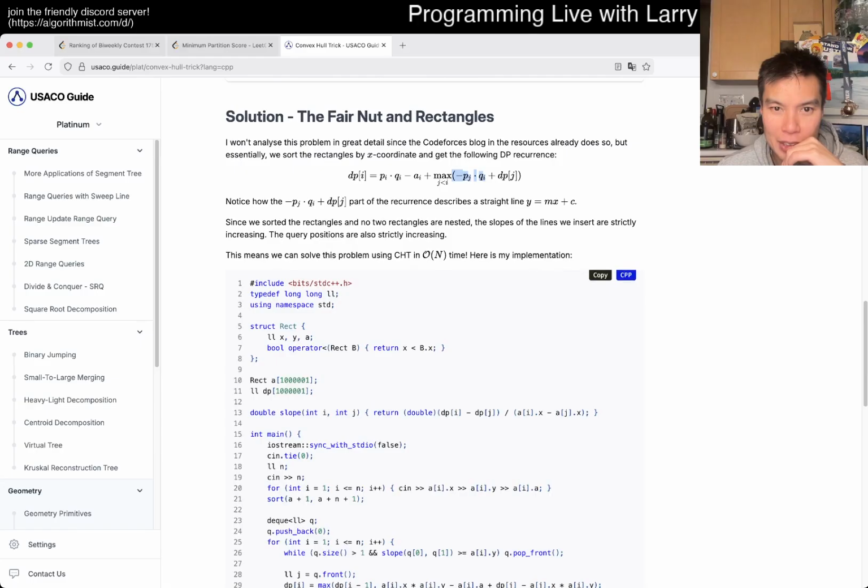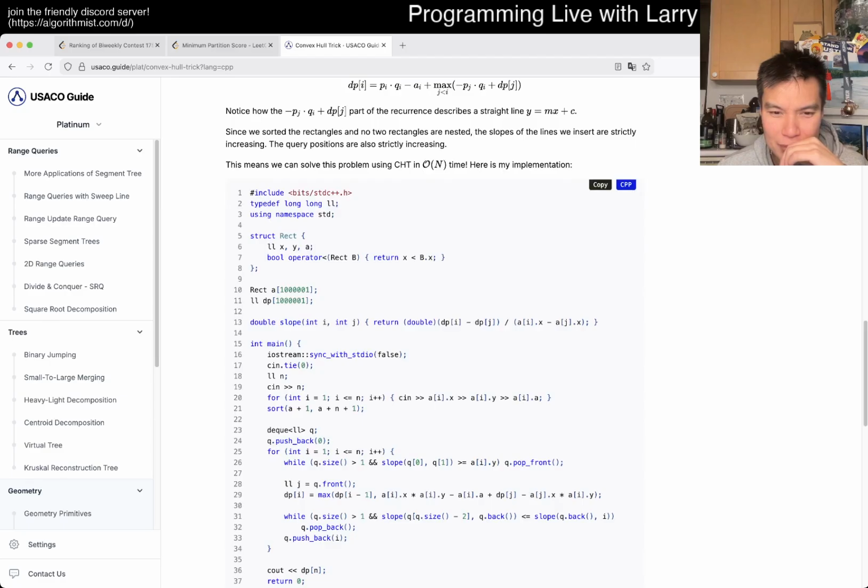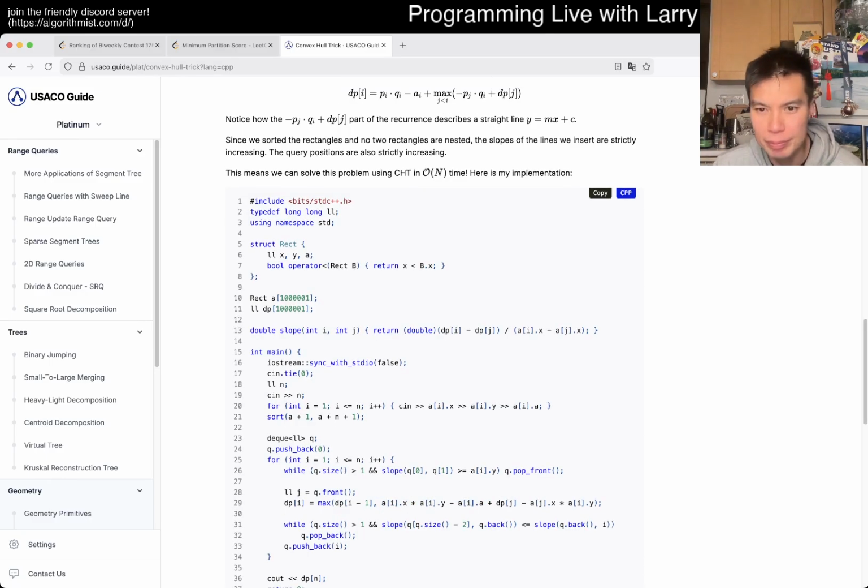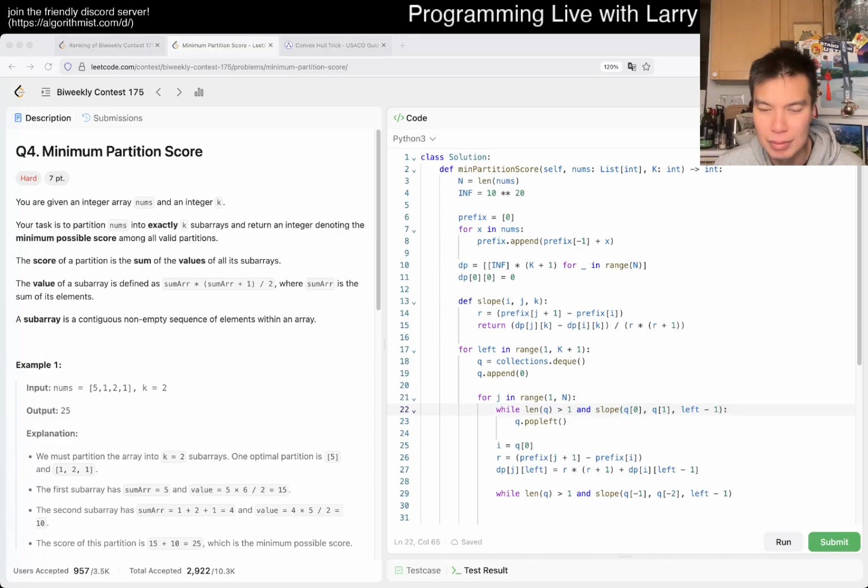I guess this is the rectangle or something, but there's a non-zero chance I give up.